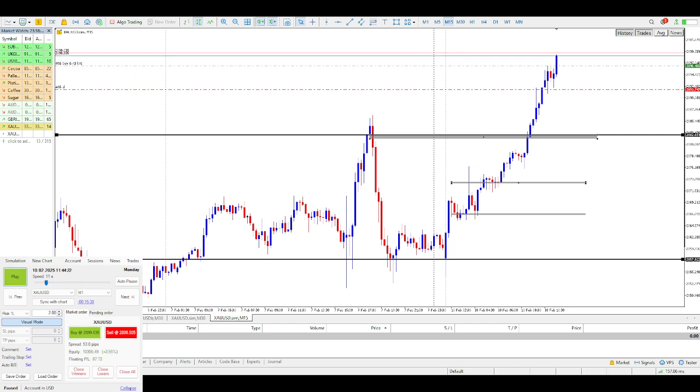Price has gone to 20 pips. I'll close part, which is 70% of the trade, and bring my stops to break even.